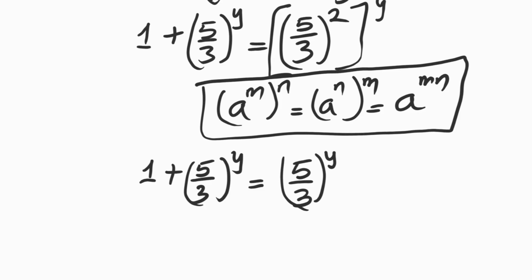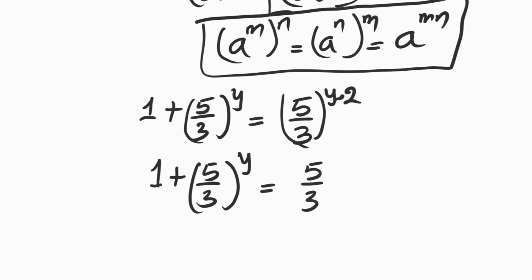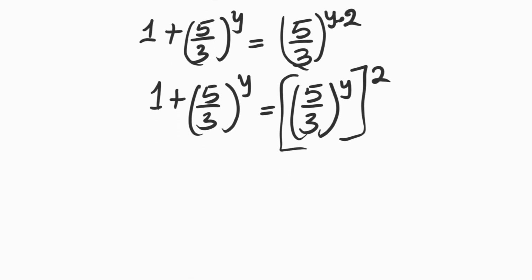y times 2, which is 2y. Okay, so if we rewrite the right-hand side again, we can get 5 divided by 3 to the power y, all squared. Now, this is beginning to look a little bit familiar.